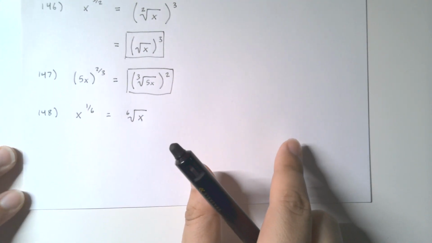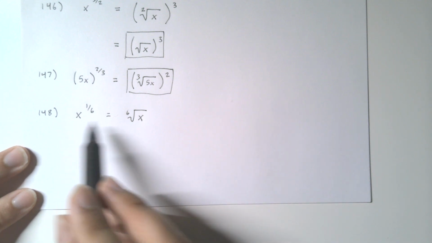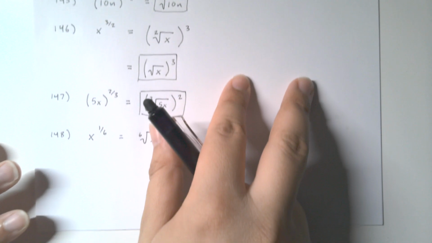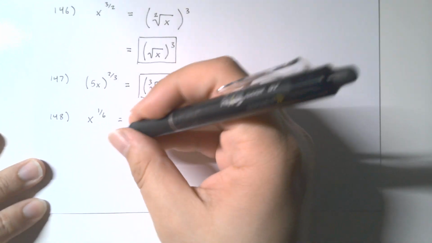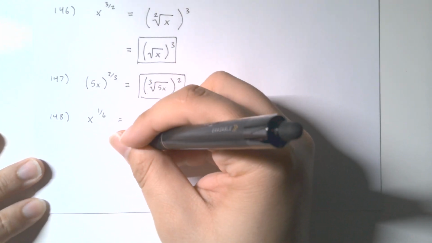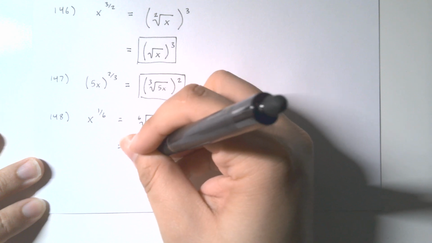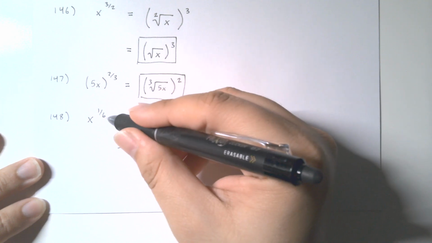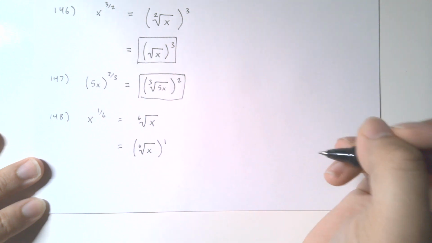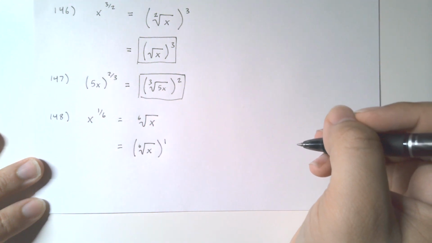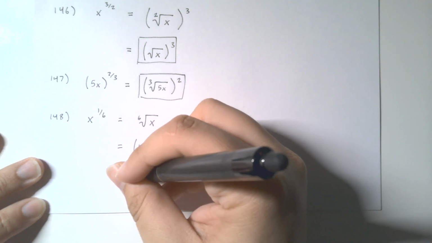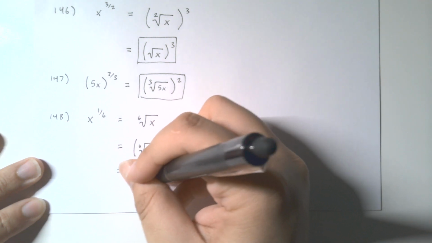But if for whatever reason you don't remember the second property up top, you can still write this as root x, number on the bottom is your index, number on the top is your exponent, and remember that anything to the power of 1 is itself, so you still get the 6th root of x.